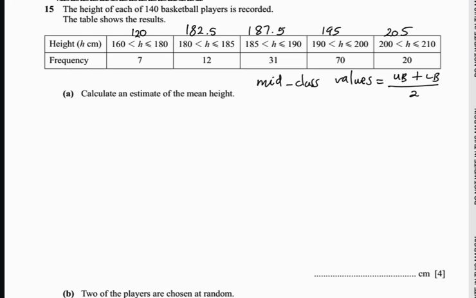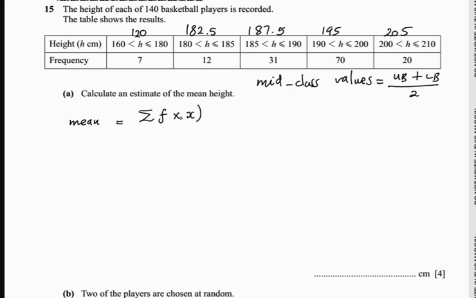Then we need to find the estimate of the mean formula first. The formula for the mean, x bar, which is h bar in this case, but you can just say mean equals the summation of the frequency times the mid-class value.